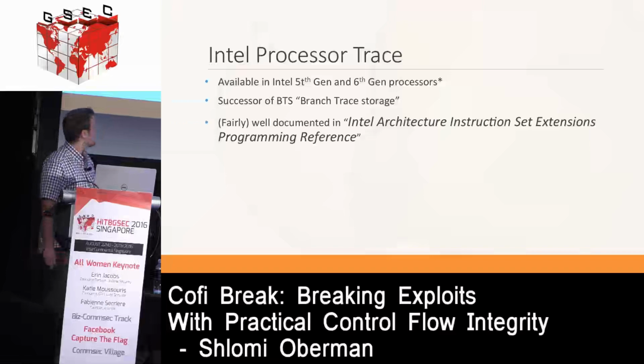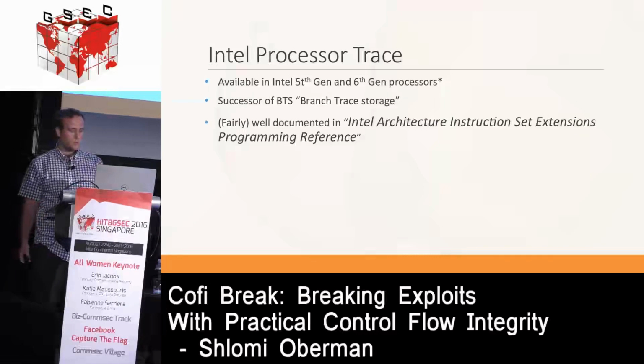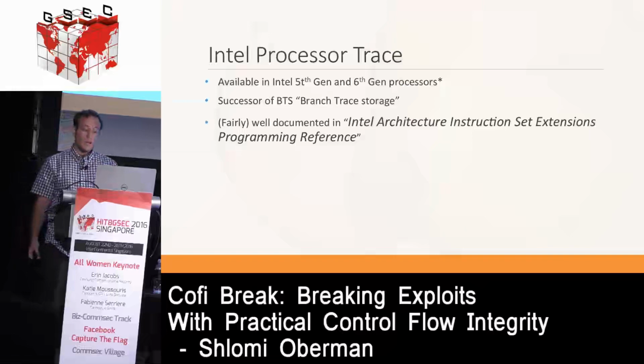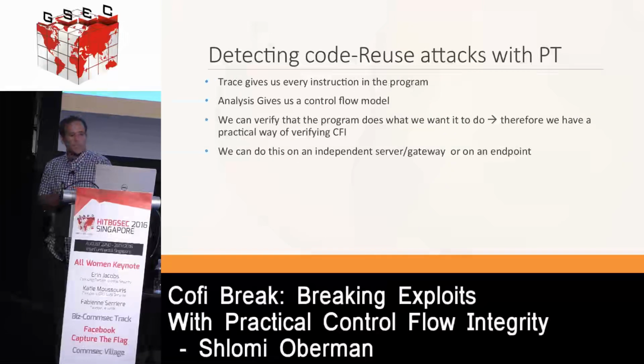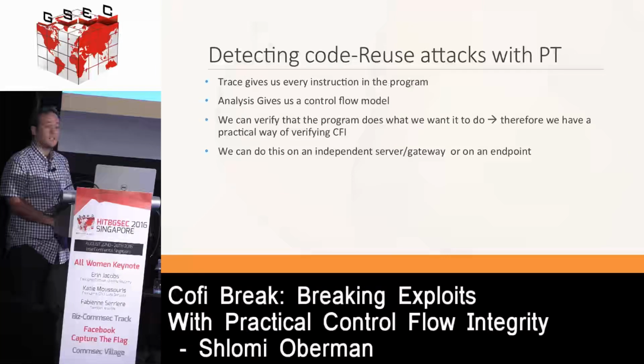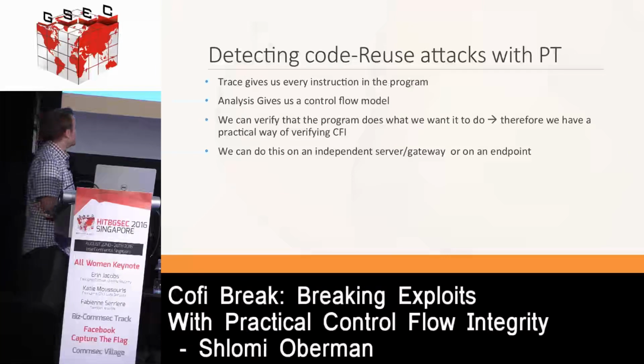I also put a star next to available in Intel 5th Gen CPUs because if you read the documentation carefully, you might deduce that it has been available before, but wasn't documented. I don't actually know if this is true, but it seems to be the case when reading the documentation. So, how do we use Intel processor trace to detect a malicious file, detect an exploit?